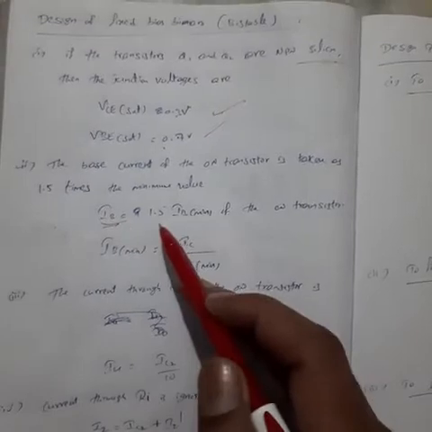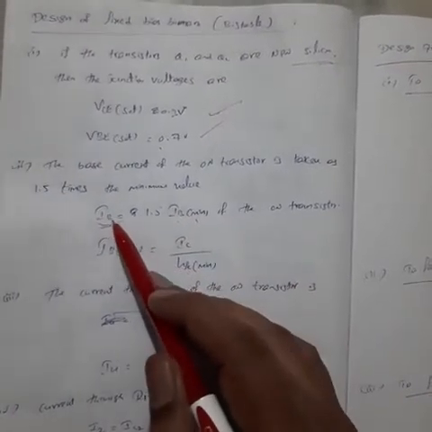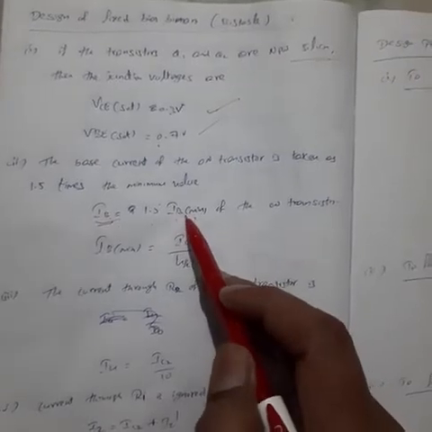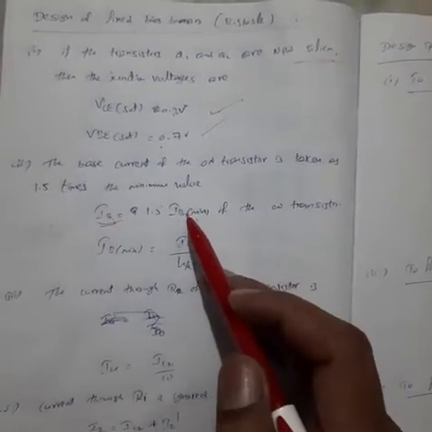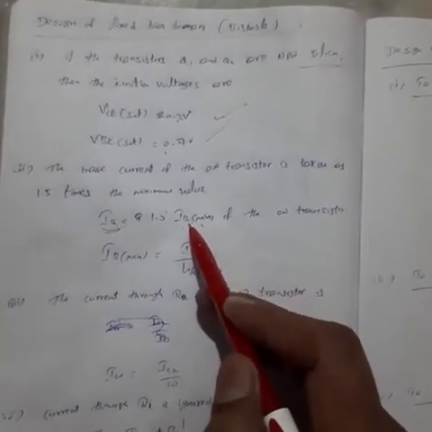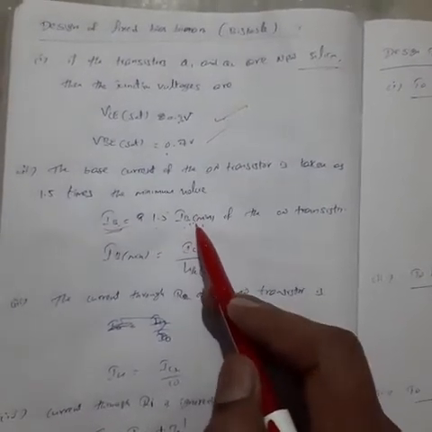IB2 equal to 1.5 into IB2 minimum, and likewise IB1 equal to 1.5 into IB1 minimum.